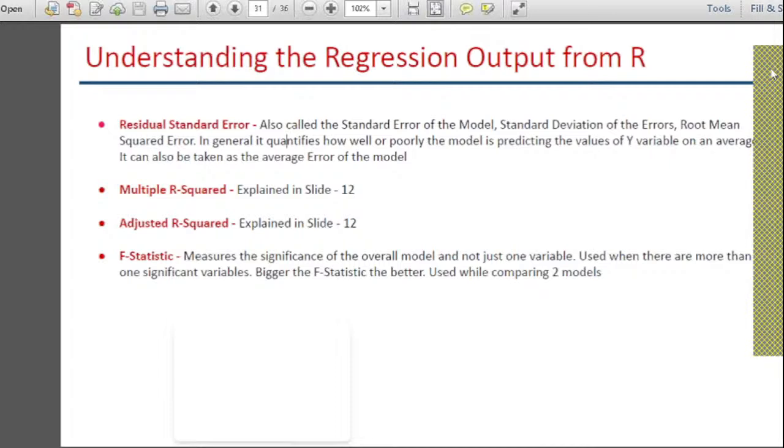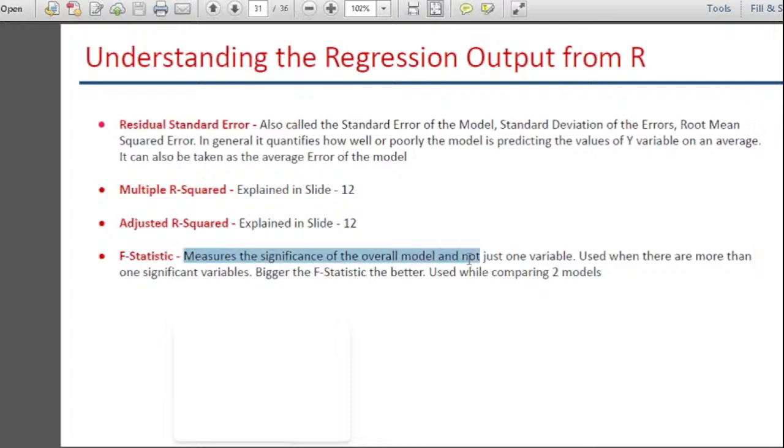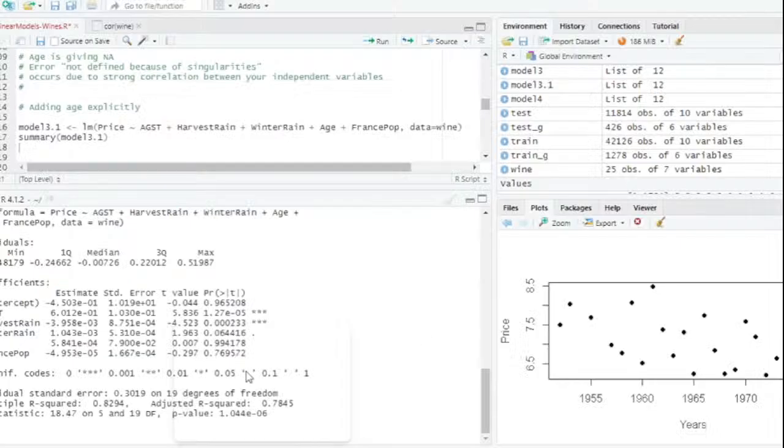Just hold on. The last thing, the F statistic, measures the significance of the overall model and not just one variable. Where is the F statistic? Here it is.